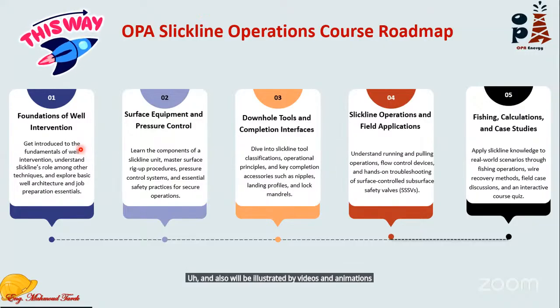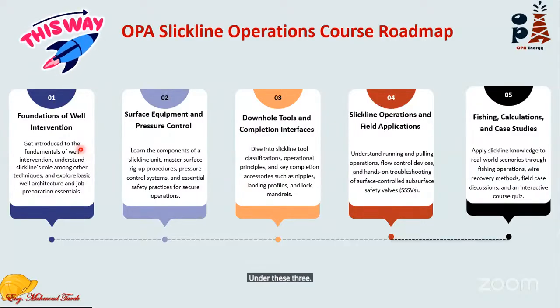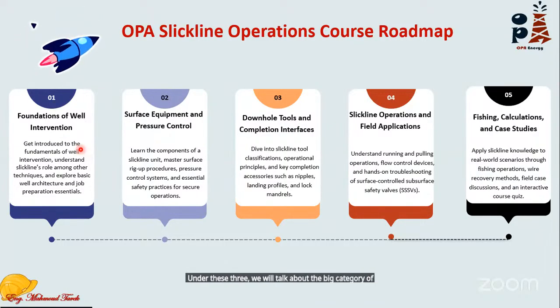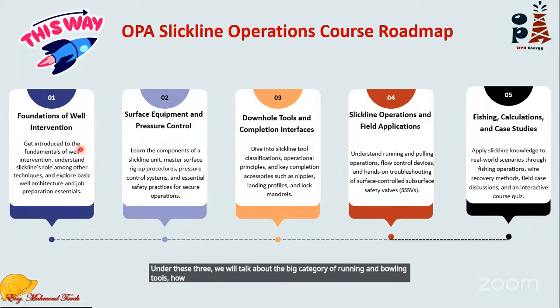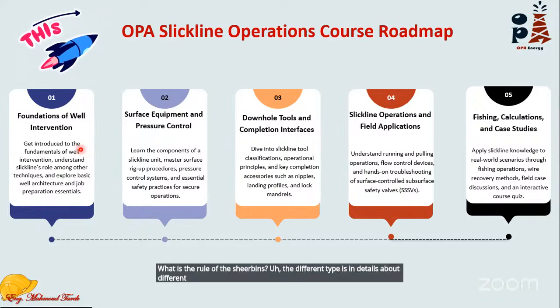We will also cover the pressure test matrix for the PCE and the PHA proper selection, the common tools and applications. On day 3, we will talk about the big category of running and pulling tools: how we run the loop mandrel, how we retrieve it, what the role of the shear bends is, and the different types in detail, covering different manufacturers and so on.